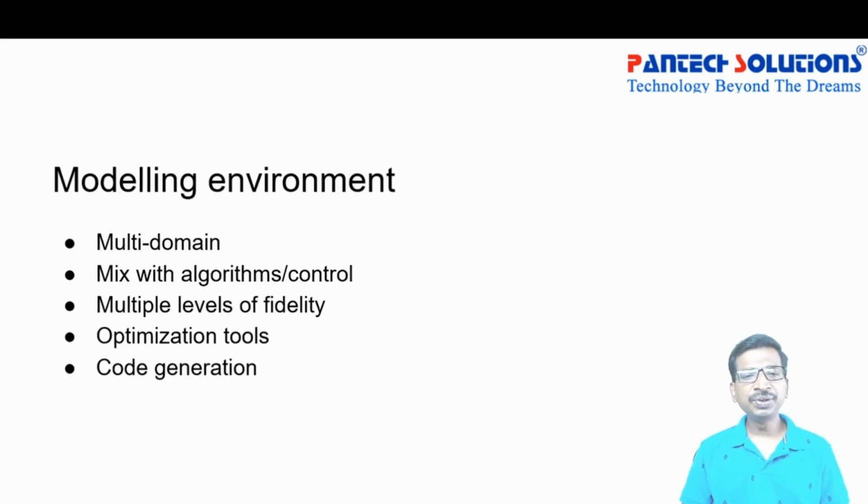And what are the features of this Simscape? You can integrate all the multi-domain systems, and you can develop a separate algorithm to control each and every model. Similarly, you get multiple levels of fidelity, so you can analyze results that will be very close to real-time applications.